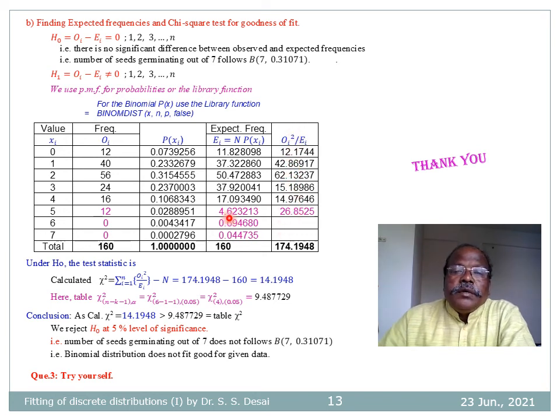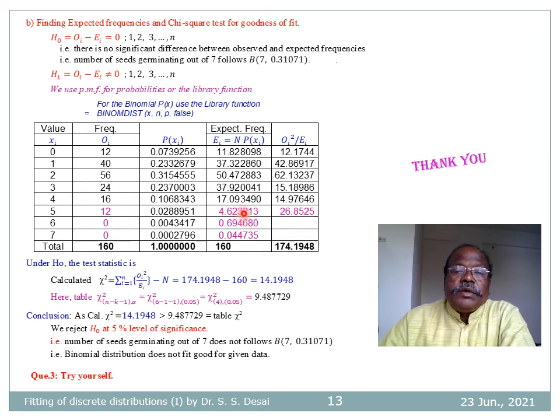So the last three expected frequencies are less than 5. There is one condition to apply the chi-square test of goodness of fit: the expected frequency should be greater than 5.